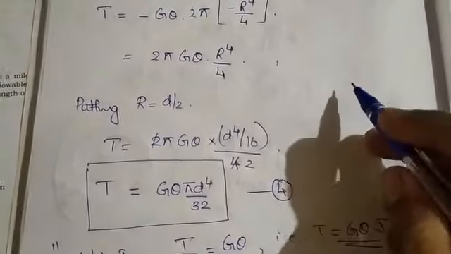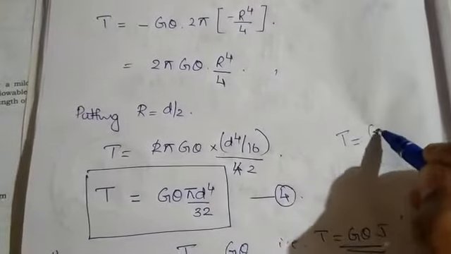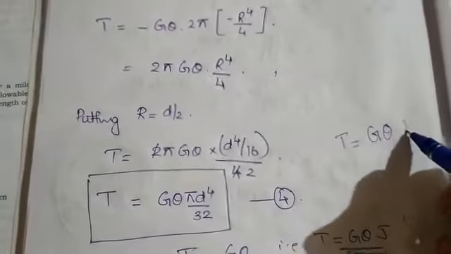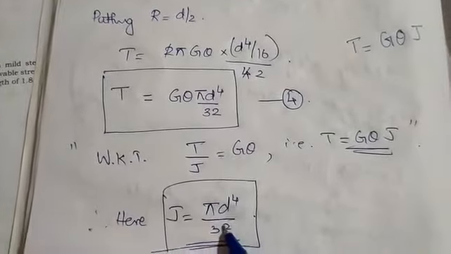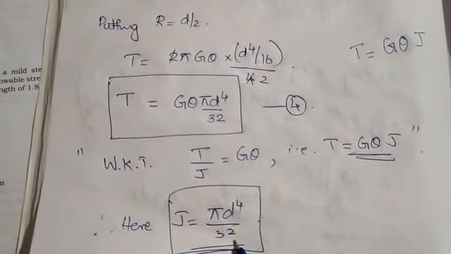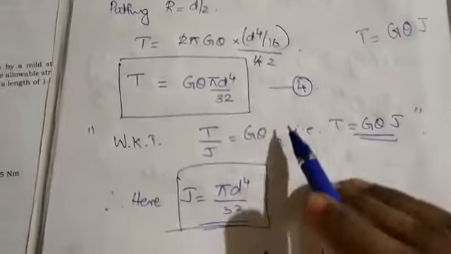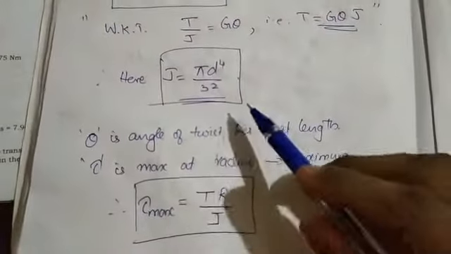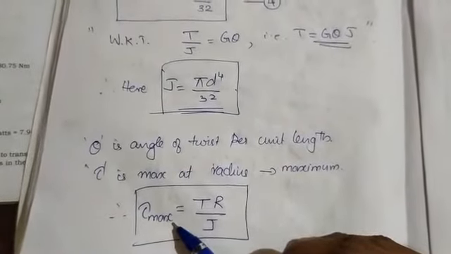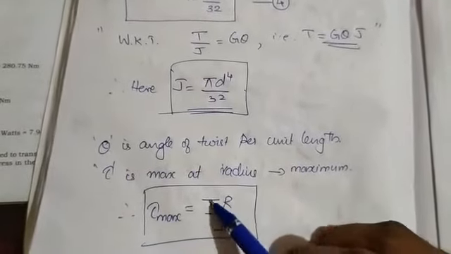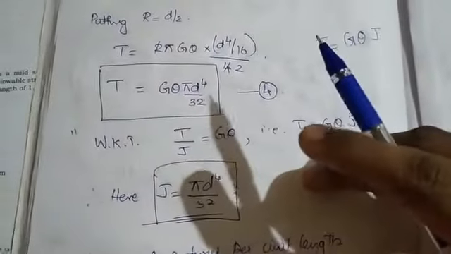So, as in the case of the stress function approach, we came to the conclusion that T is equal to G theta into J, where J is nothing but pi d power 4 by 32 for a circular cross section. You have proved it. If you need to find the maximum shear stress, it will be at the maximum radius R, given by T R by J. This is a comparatively easy derivation.